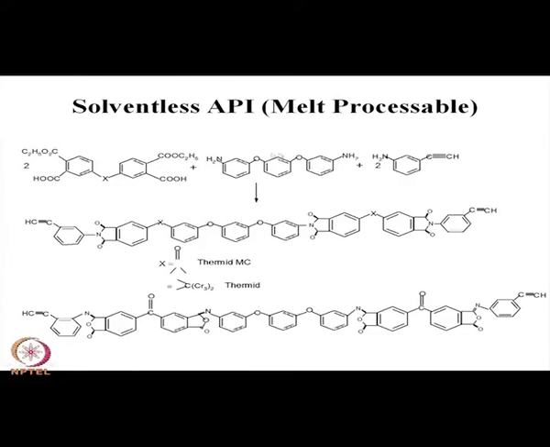These are the amines, acids and amines having ether linkages, having phenyl rings, and again another system having acetylene group at the ends, acetylene and amine group. This amine group can react with these carboxyl groups or ester groups, and acetylene groups remain at the end.